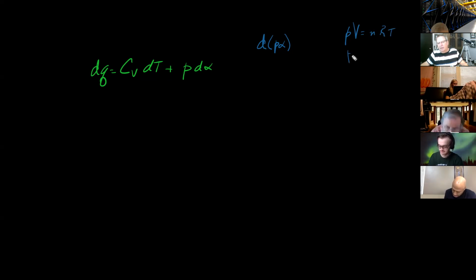If I did it for a kilogram, then I'm specific volume. So P alpha equals MRT or NRT, whichever one you want to use, right? Just keep in mind that this is the state of the gas, the pressure times the volume. We did the stuff the other day with the volume pressure terms. I just want to remind you of that. But since I'm taking the derivative of P alpha, do you agree that it's just going to be P d alpha plus alpha dP?